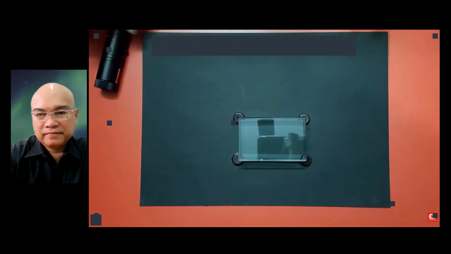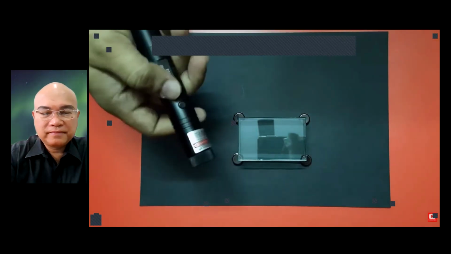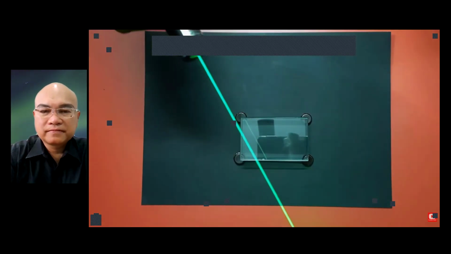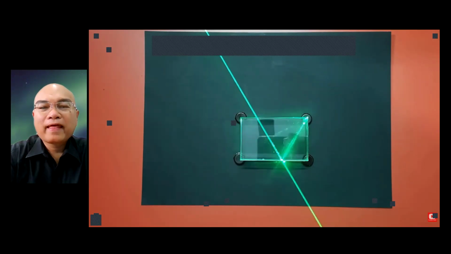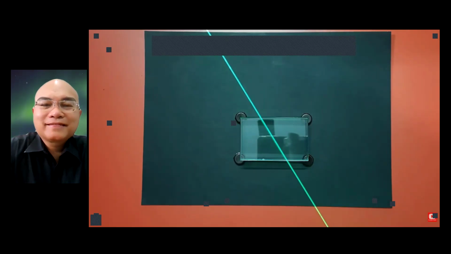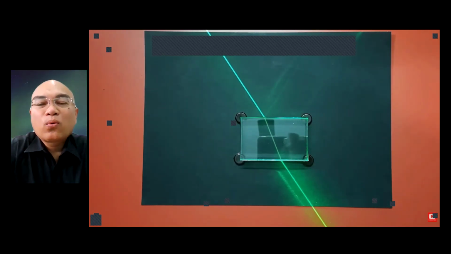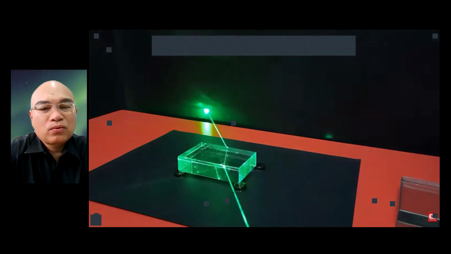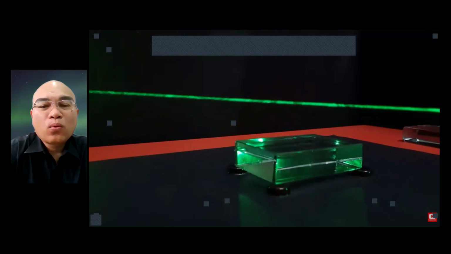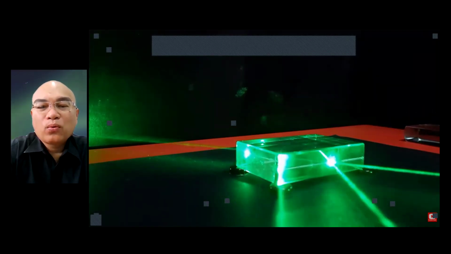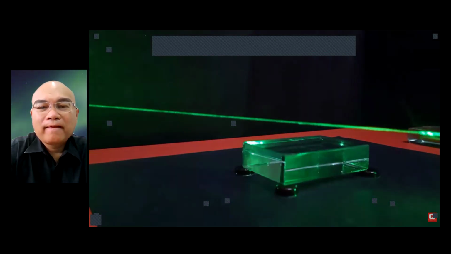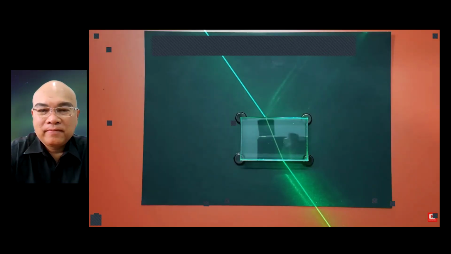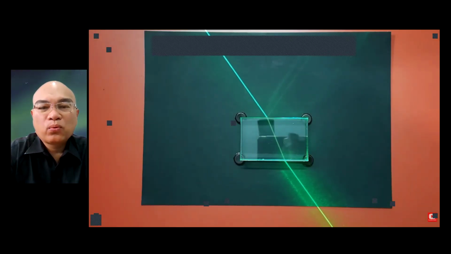For the activity, we are taking a powerful green laser torch. Now switch it on. We can observe the laser beam travel in a straight line in air medium, but when it is passing through the glass slab, it bends. This bending of laser beam or visible light when it travels from one transparent medium to the other is known as refraction of light.